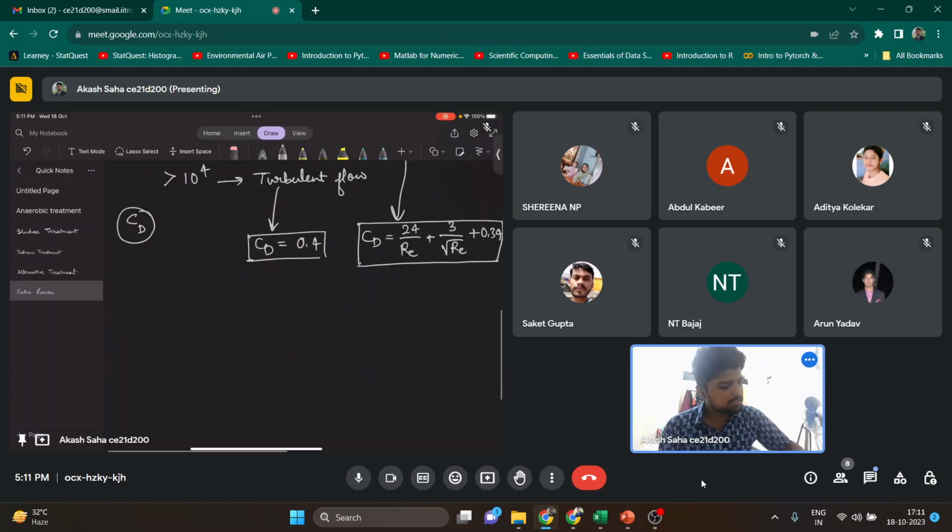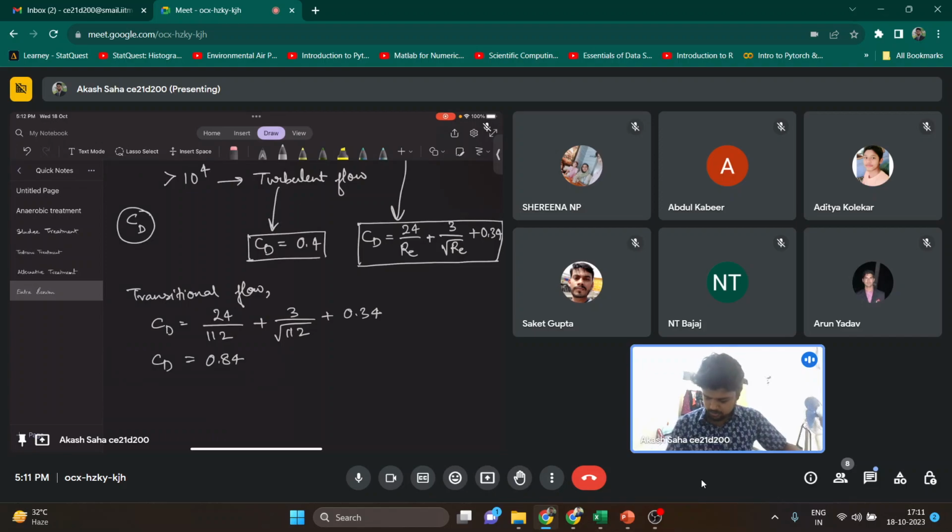Since this is transitional flow, I will find the CD as 24 divided by 112 plus 3 divided by root over 112 plus 0.34. So it will come as 0.84. My CD value is coming as 0.84.